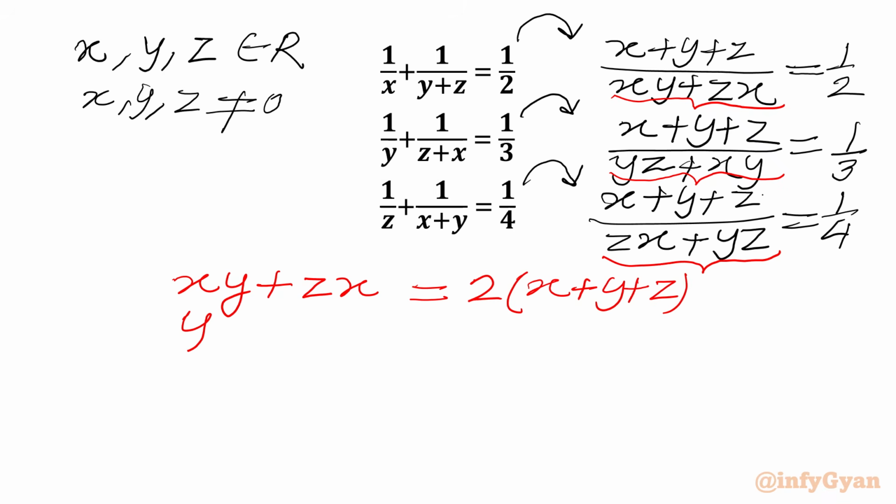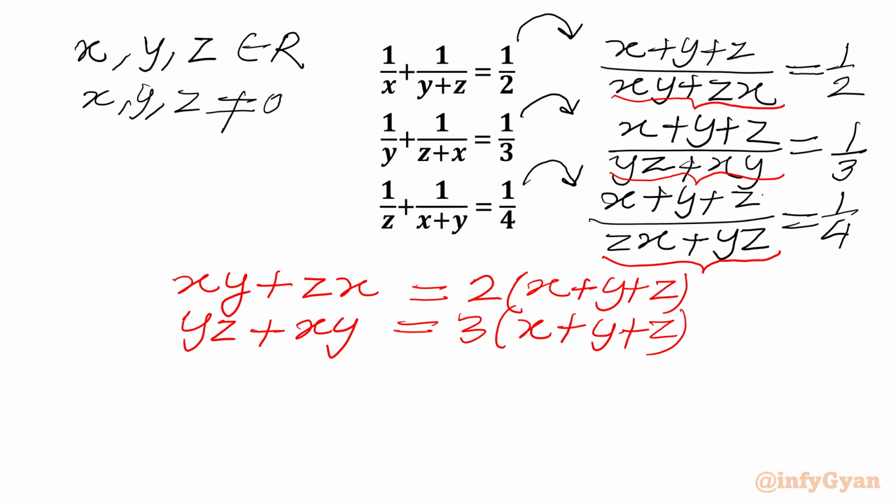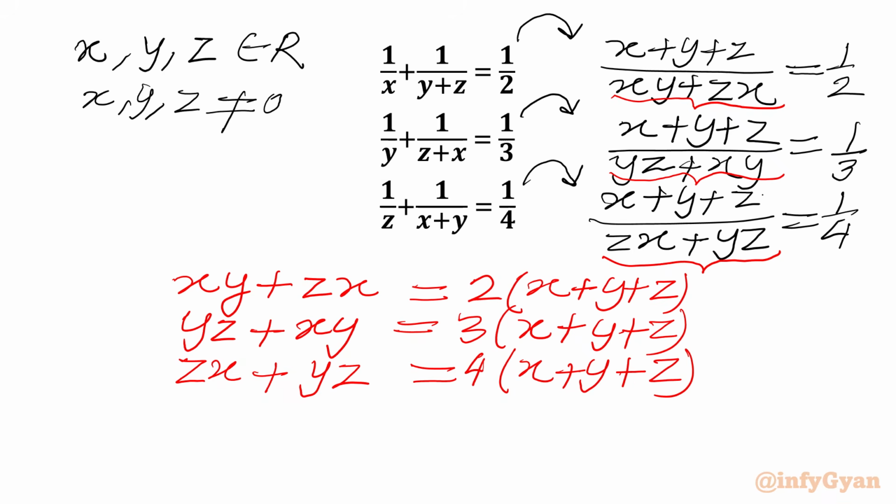From second, we will get yz plus xy, which will be equal to 3 times x plus y plus z. From third equation, we will find zx plus yz, which will be equal to 4 times x plus y plus z. Let's say this is equation 1, equation 2, this is equation number 3.